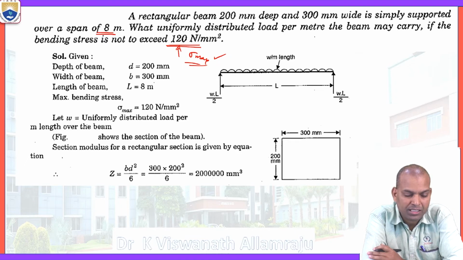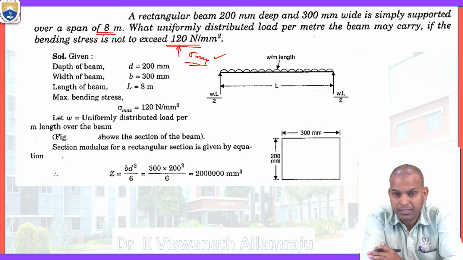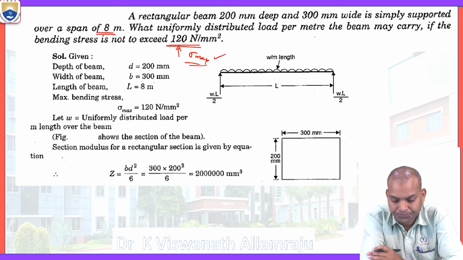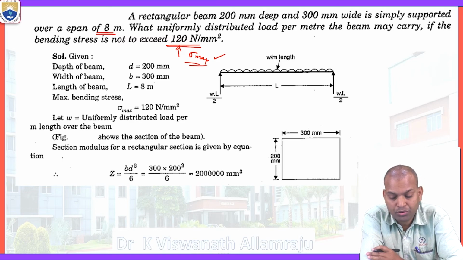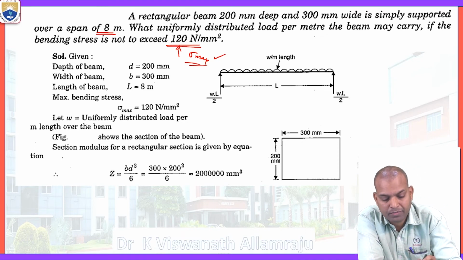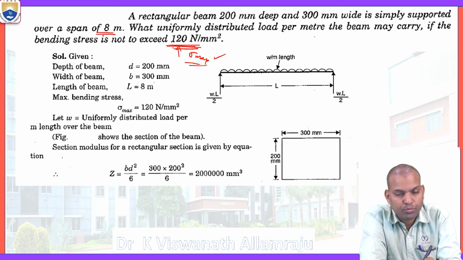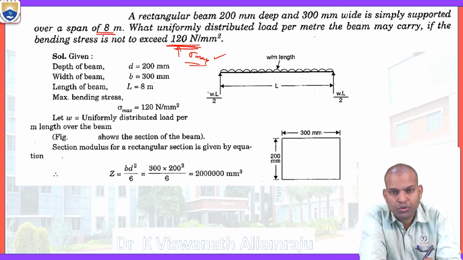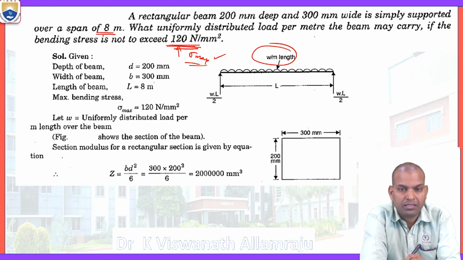The span of the beam is 8 meters. The maximum stress is given as 120 Newton per square millimeter. What is to be found is the uniformly distributed load W per meter length.